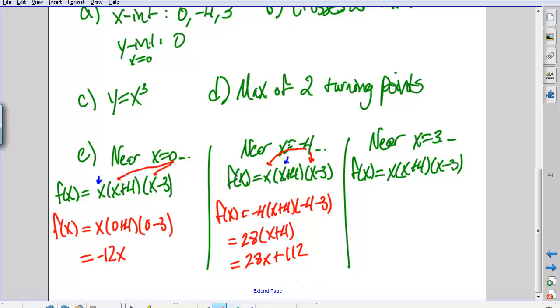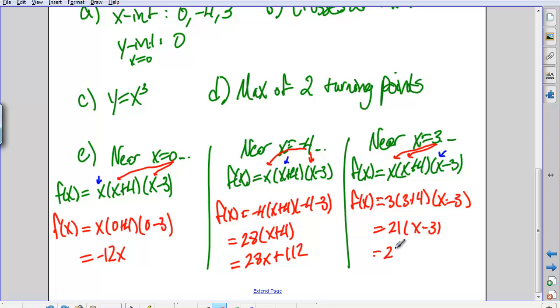And then the last one, x equals 3. Again, that 3 comes from this x right here. So we plug it in to the other 2 x's. So we get a 3 times 3 plus 4 times x minus 3. 3 times 7 is 21 times x minus 3.